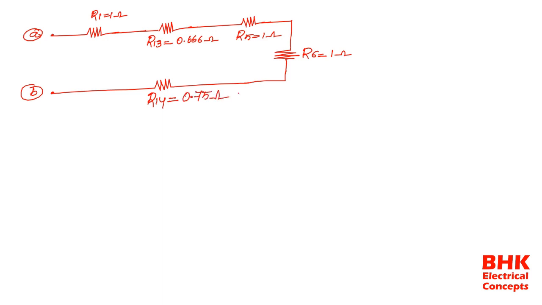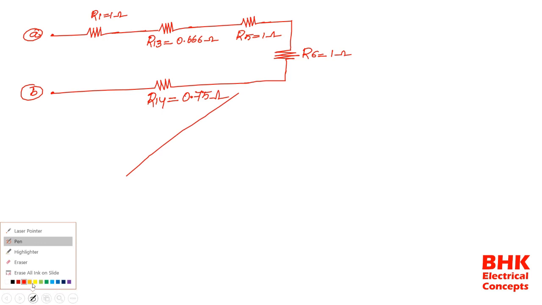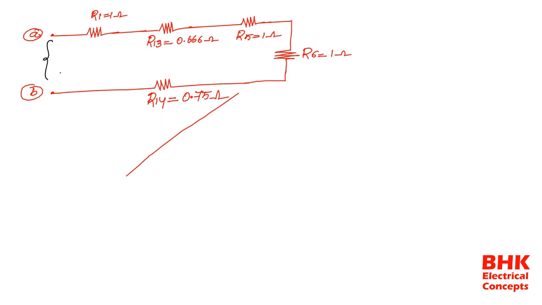Okay, now see here what is happening. When we are finding the value of total resistance across this terminal A and B, finally we are simplifying the total network, and finally we are getting the total network in series form. Just see here, R1, R13, R5, R6, R14 all are connected in series.